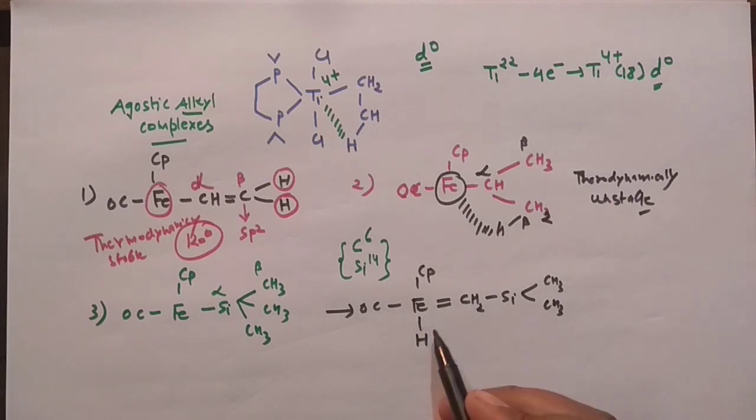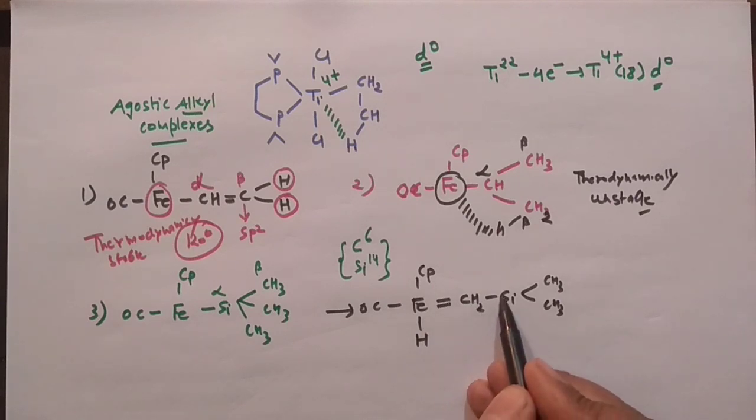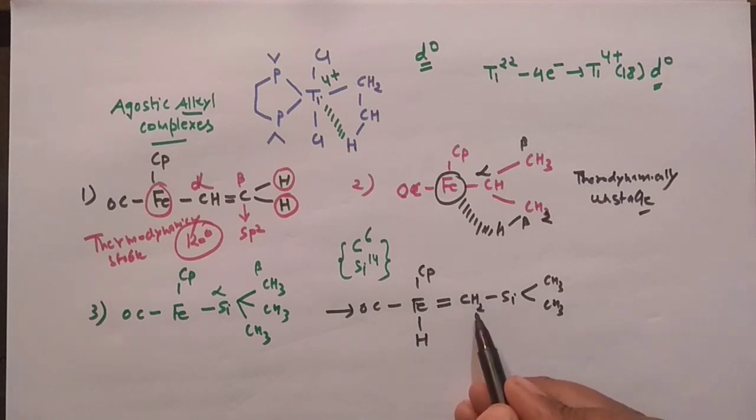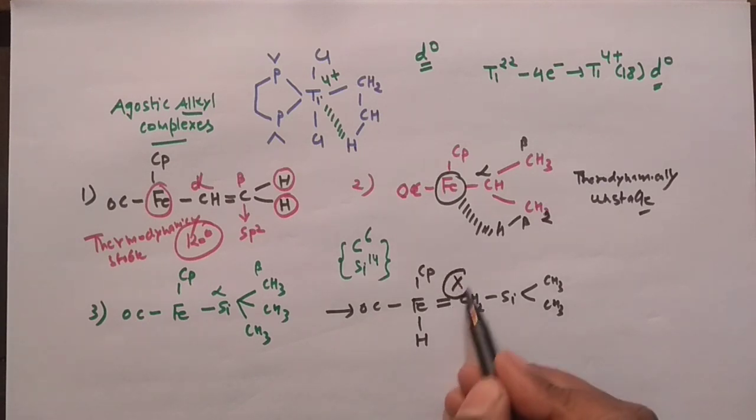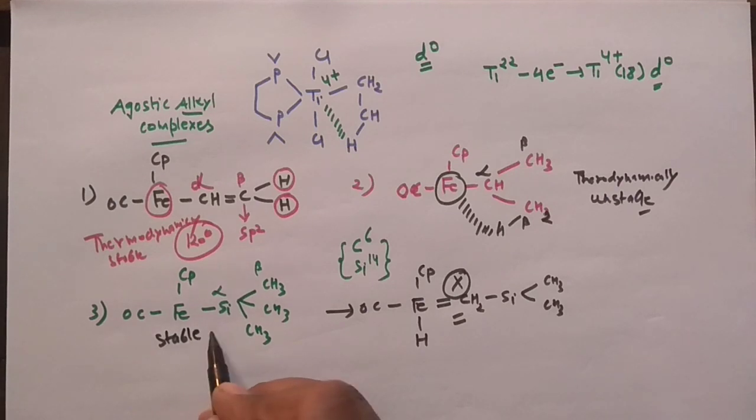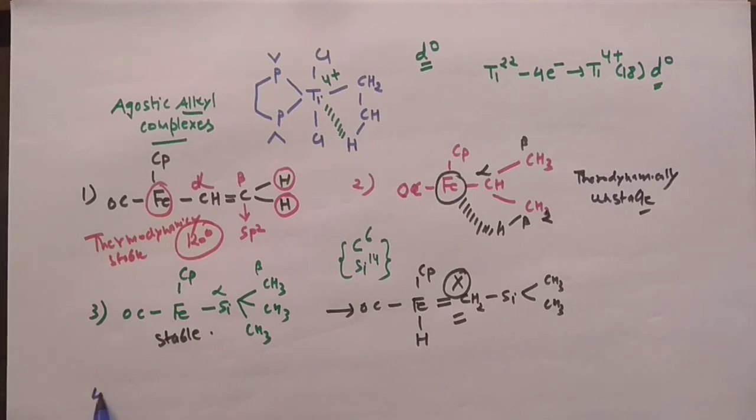So 1, 2, 3, 4, 5. So carbon actually is increasing its valency. So such kind of interaction will not occur. So other than carbon, if other elements are there, again no beta hydride elimination reaction would occur, and they are thermodynamically more stable.